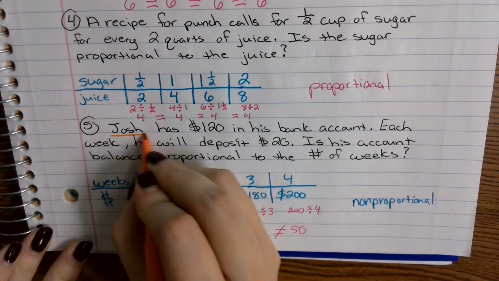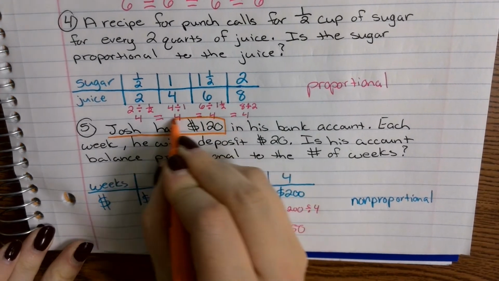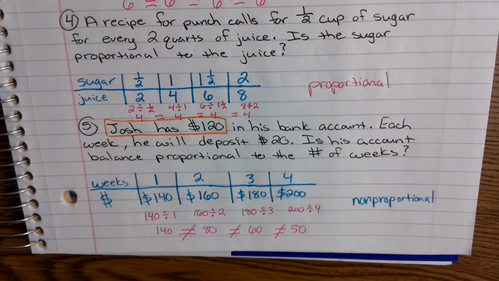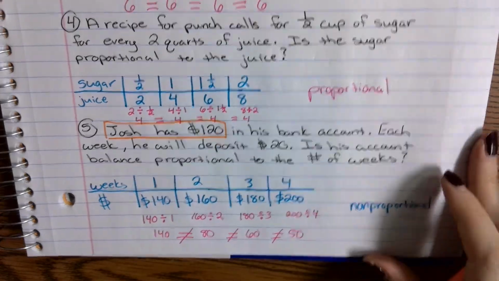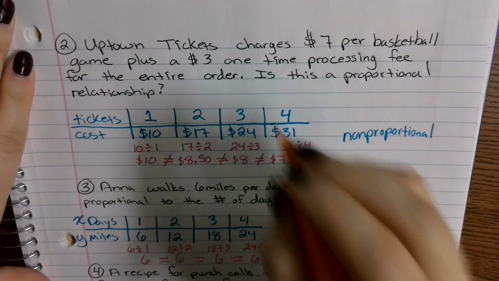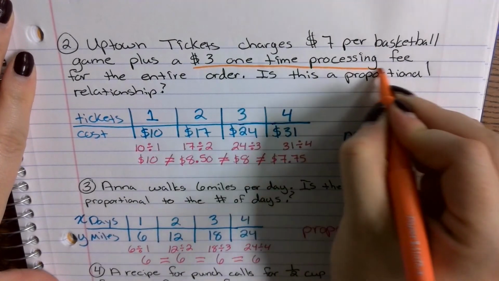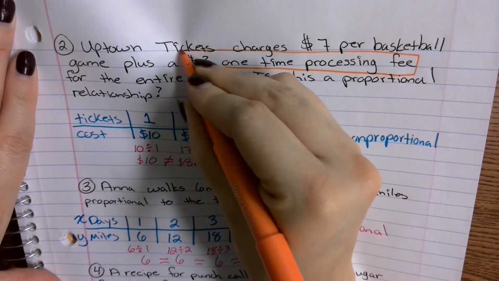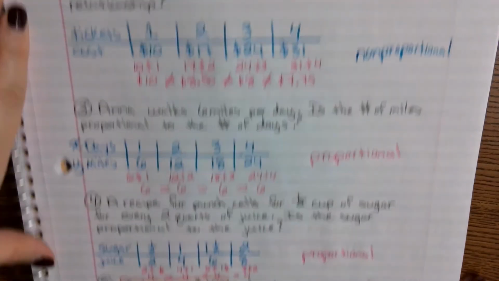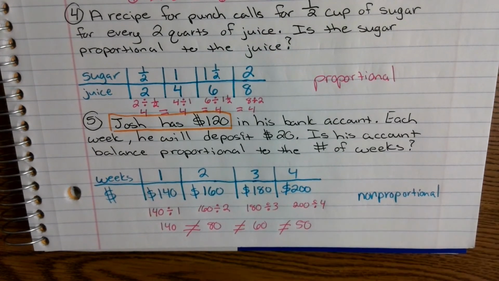They had a one-time value. Starting price of $120 in his account. That is a constant. Having a one-time processing fee. That is a constant. So if the problem has a constant in it, then it means it's not going to be a proportional relationship. So that's just a little trick to see.